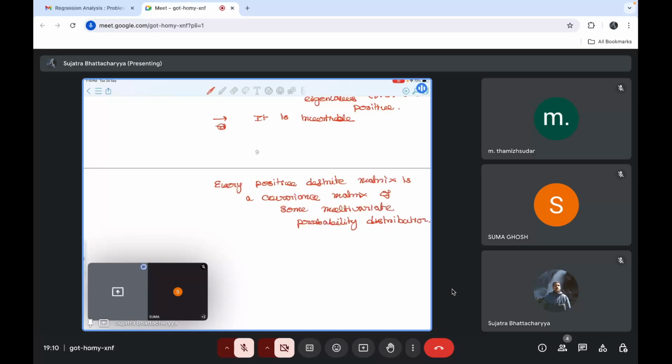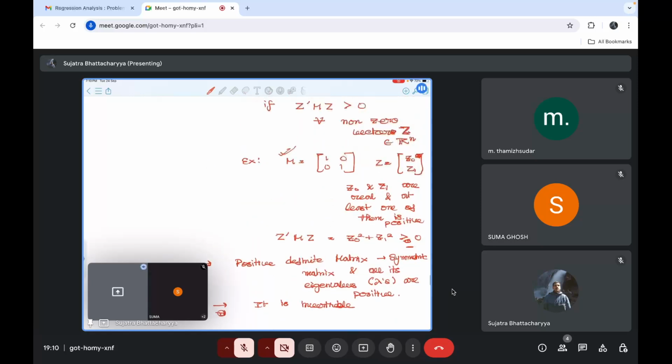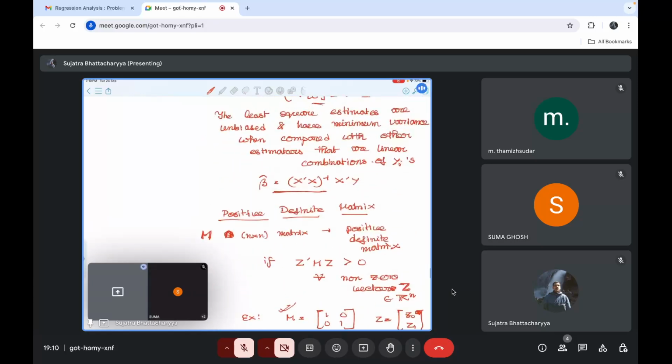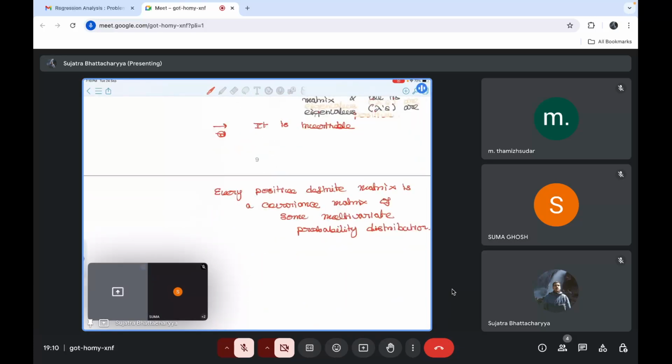So all covariance matrices are generally positive definite matrices. And why are we dealing with a covariance matrix? You will see that whatever we write, suppose variance of beta hat, there you have sigma square into some matrix, which is your covariance matrix. So that will be useful there.